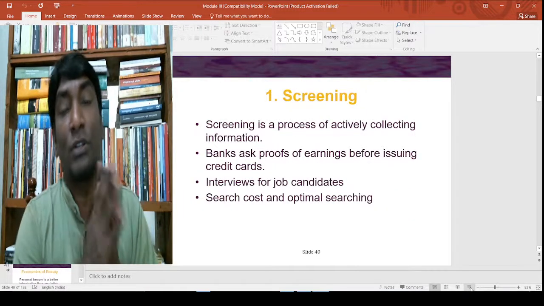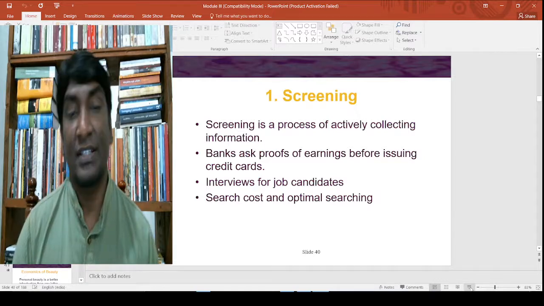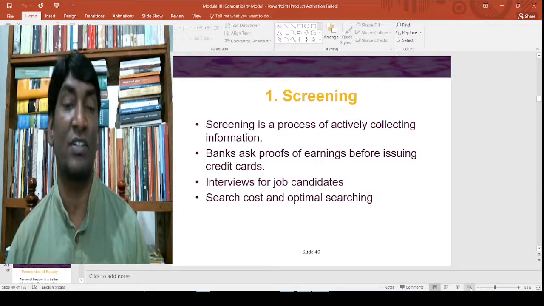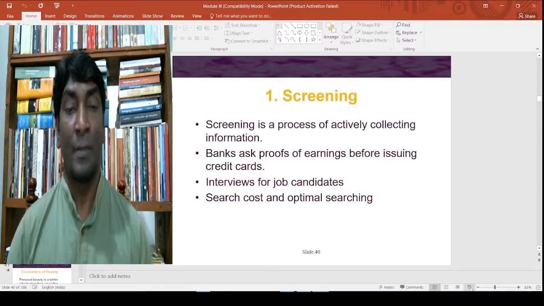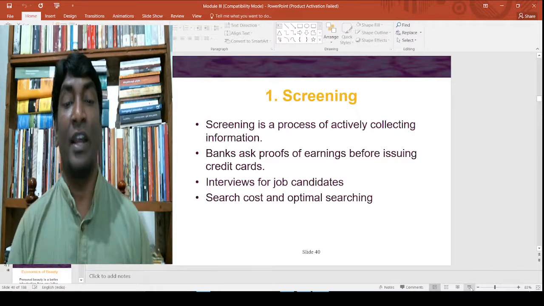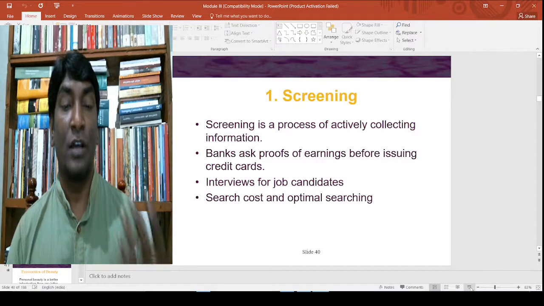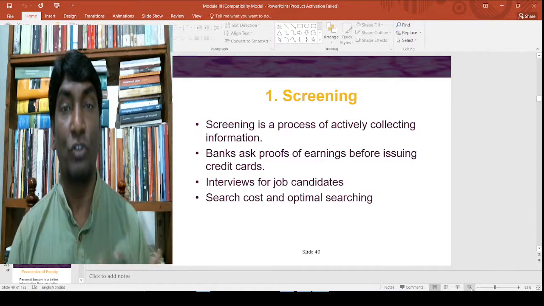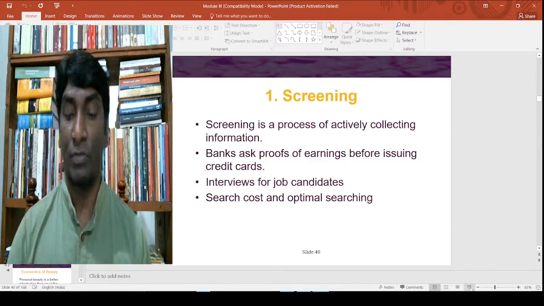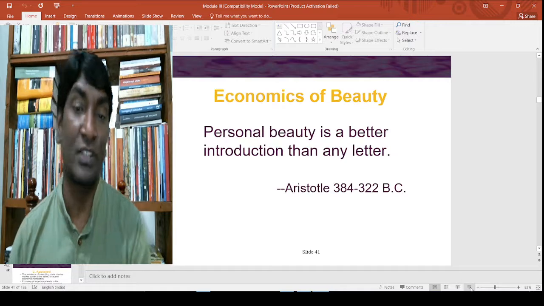So let us look into the characteristics and issues of screening. Screening is a process of actively collecting information. Banks ask for proof of earnings before issuing a credit card. Interviews for job candidates, and search cost and optimum searching, come under the category of screening.